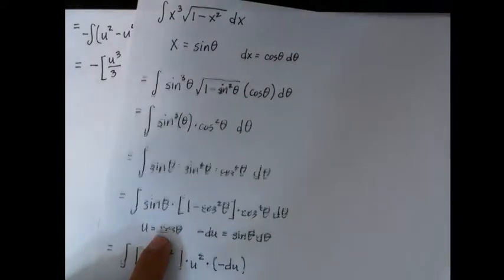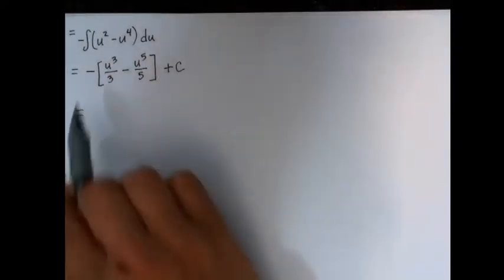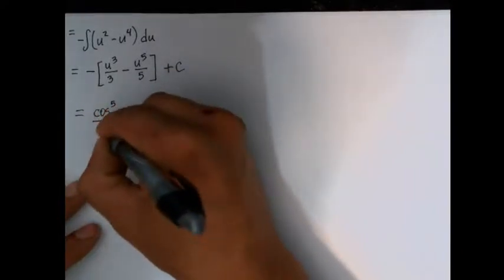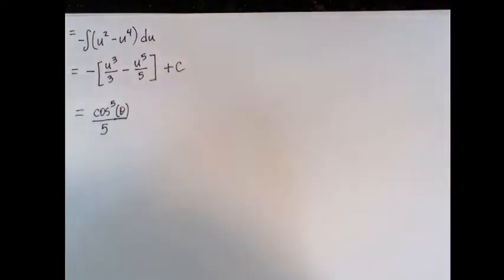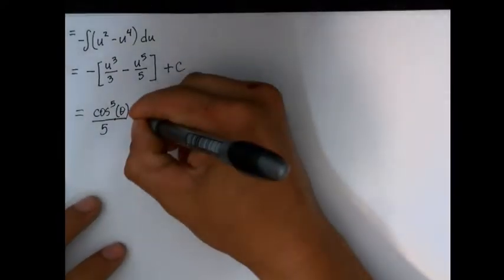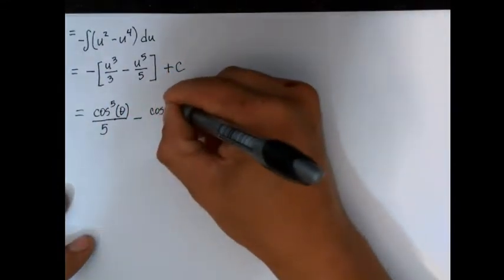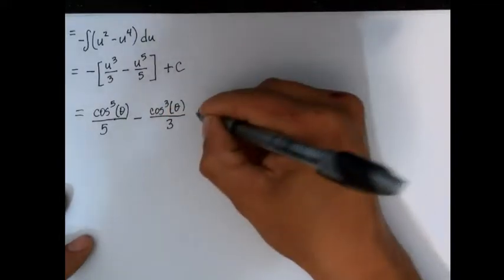So I'm going to distribute this negative, so that's going to be cosine to the 5th theta over 5, and then distributing, there will be minus cosine cubed theta over 3 plus a constant.